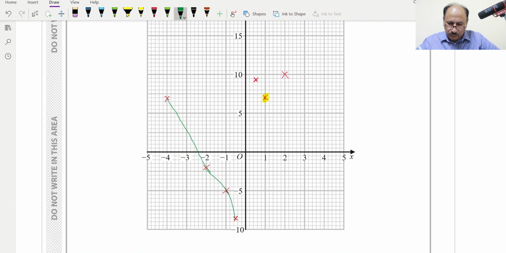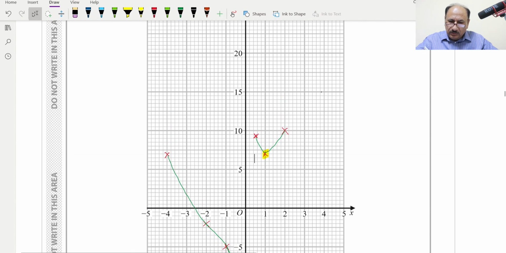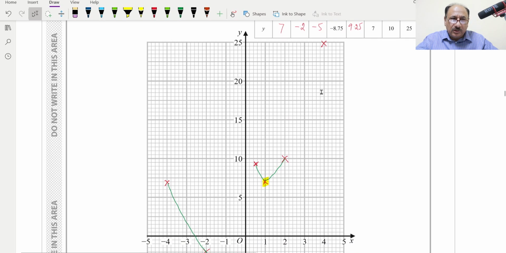Now we can draw the smooth curve on this side also, and I'll redraw it over here.